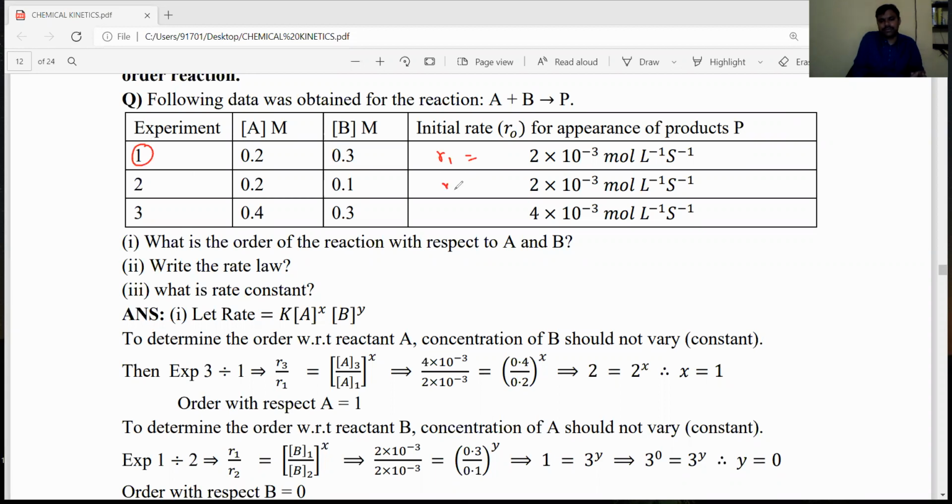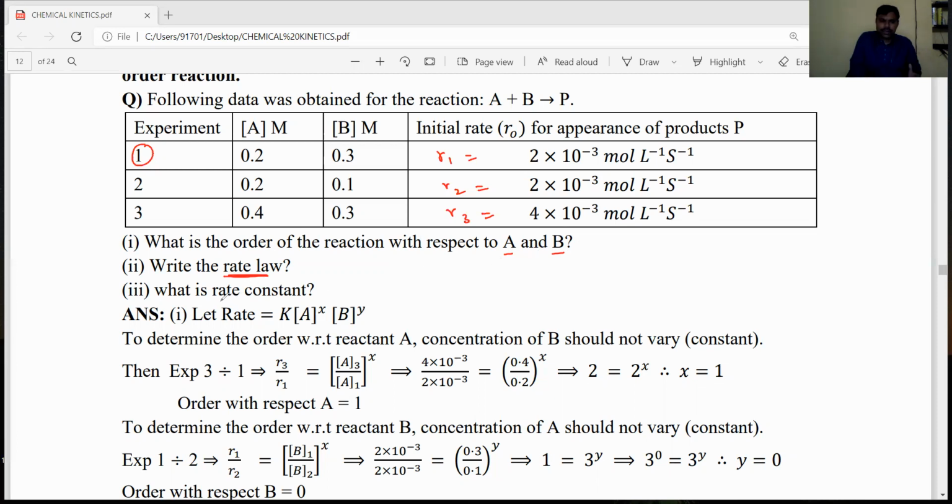For experiment 2, the concentrations of A and B are given and the rate is R2. Then experiment 3 is given. Now for the above question, what we have to find out, dear students, is the order of the reaction with respect to A and with respect to B, and then write the rate law, the rate expression. After finding the order, we can easily write the rate expression.